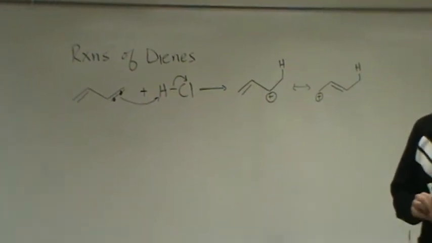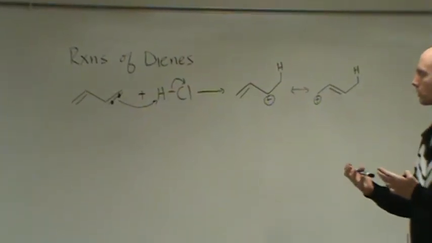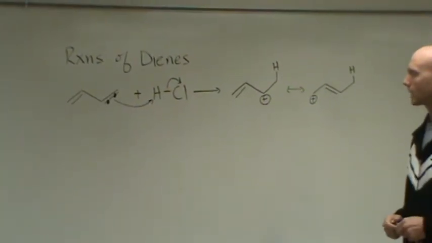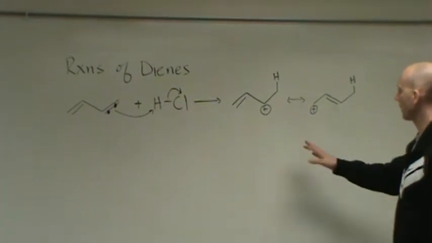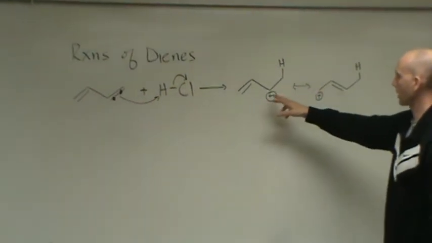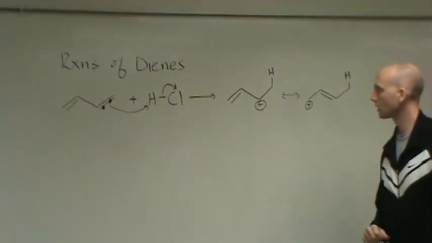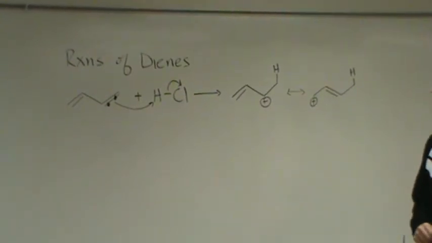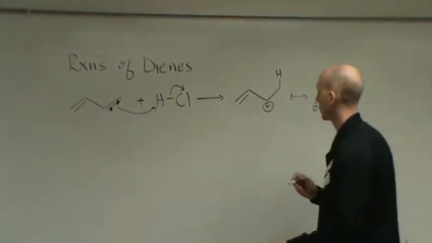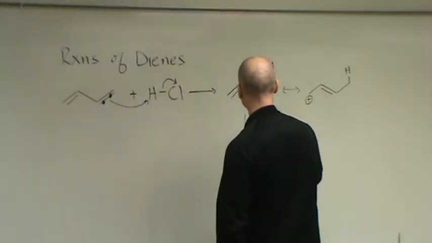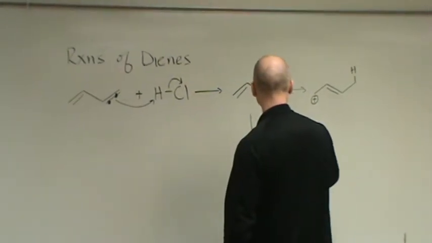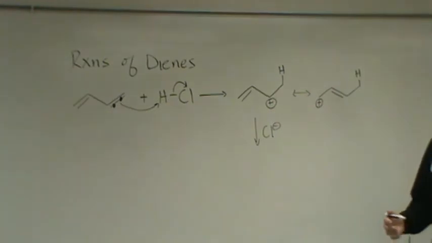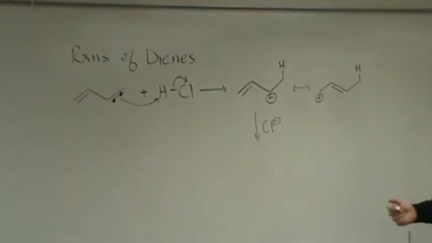So this is the big difference between dienes and regular alkenes, which is one double bond, is that the conjugation allows us to get two different carbocation intermediates. And because of that, the chlorine, the Cl minus, can attack either one.